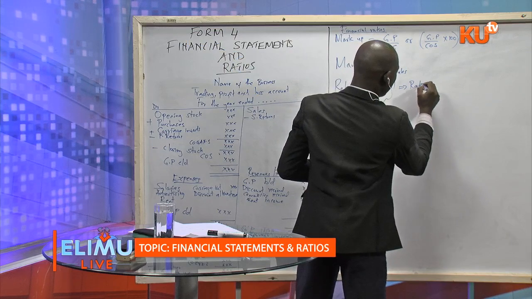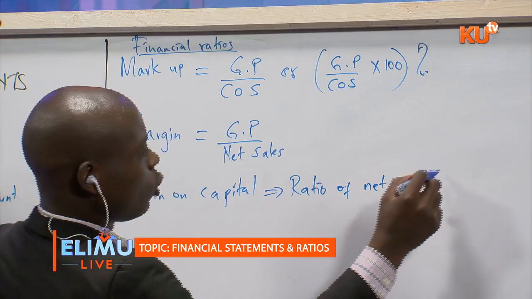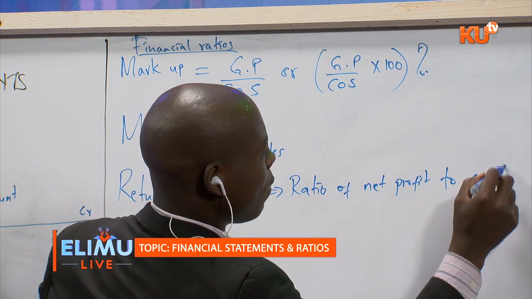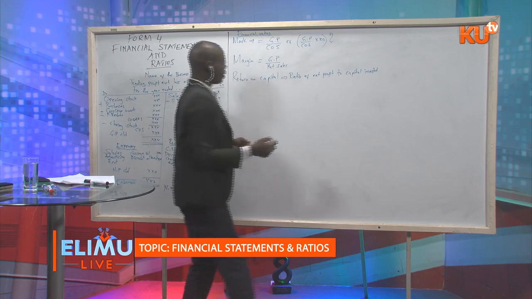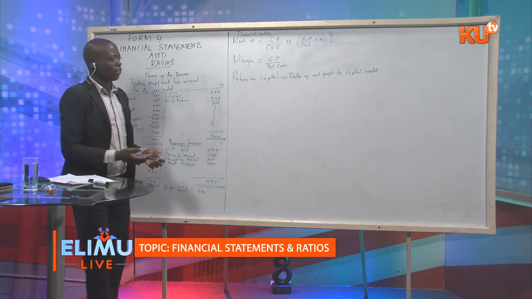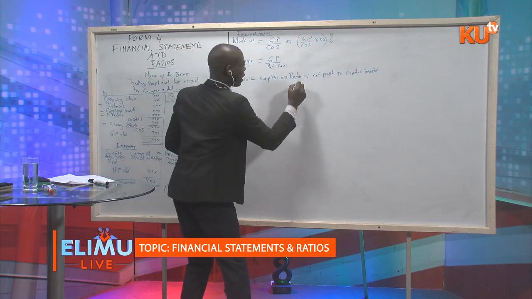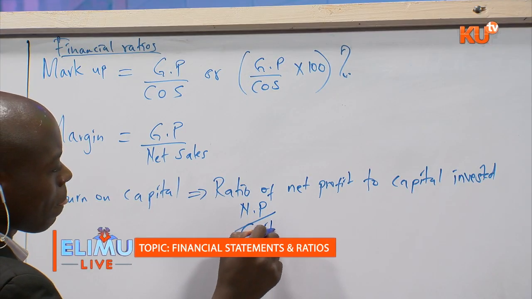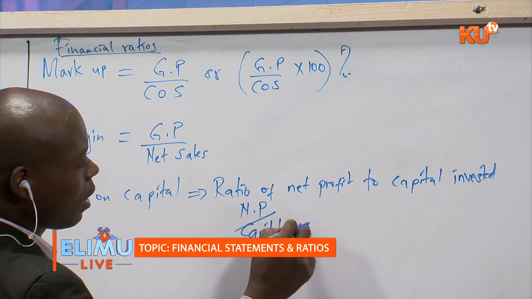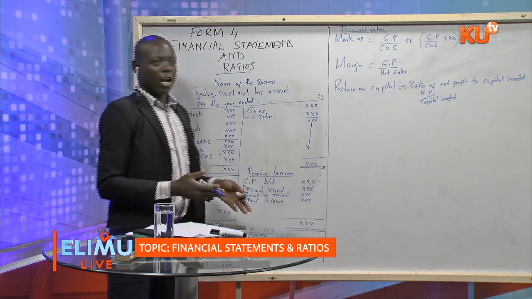We explain it as a ratio of net profit to the capital invested, and we can express it also as a fraction or as a percentage. That means we take net profit over capital invested. That is how we calculate return on capital.